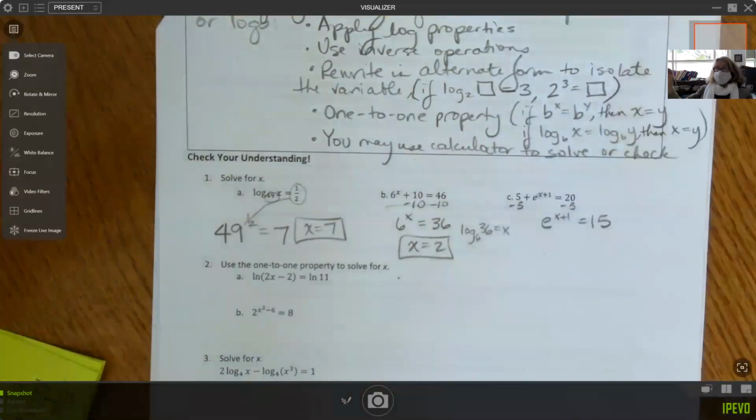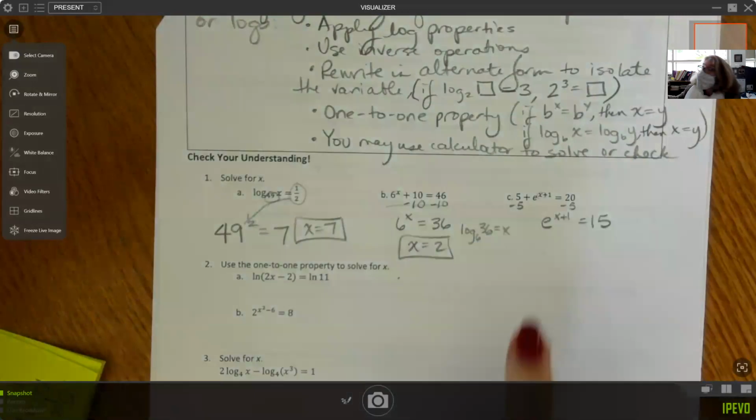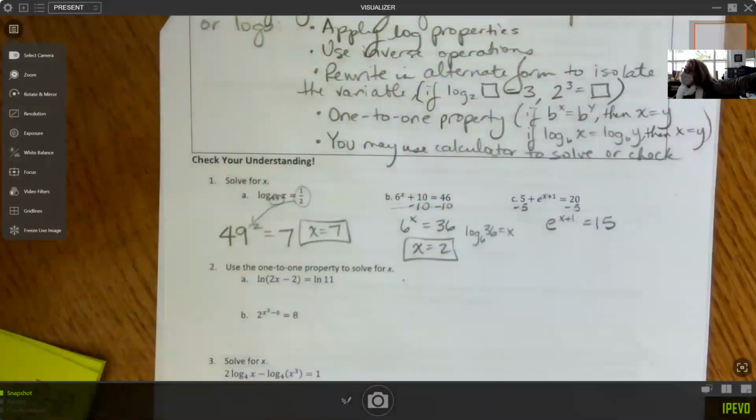Okay, so just kind of algebra rules, as long as I do the same thing to both sides, should be good. Because what I want to do on this side is if I said log base e, that side would just be x plus 1, right? So that's why I'm going to do the natural log of both sides, okay?